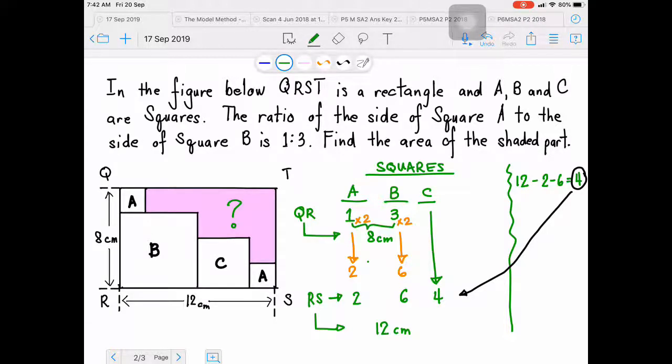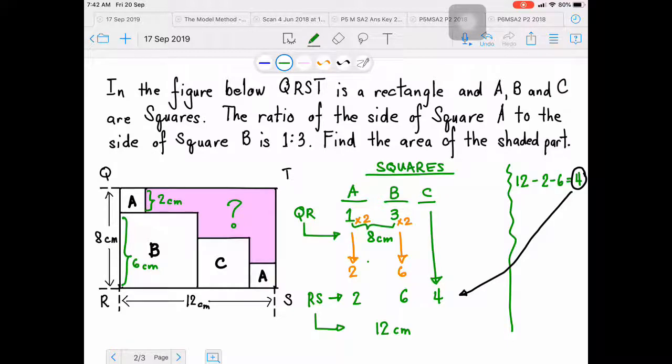Now let's try to label our squares in the rectangle. Let's put a bracket on the side of square A, which is 2 cm. A bracket on the side of square B, which is 6 centimeters.